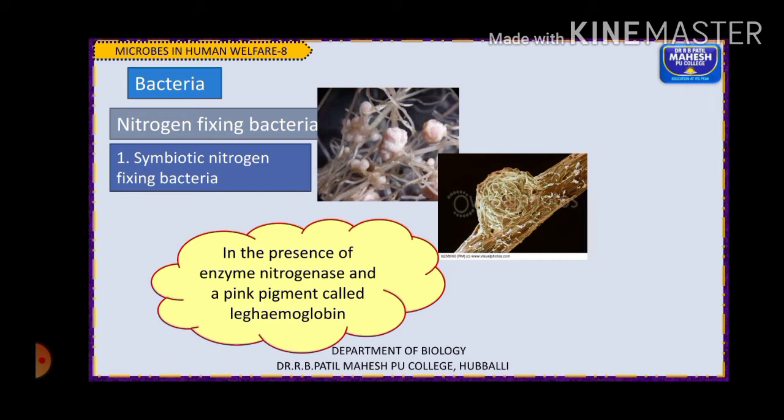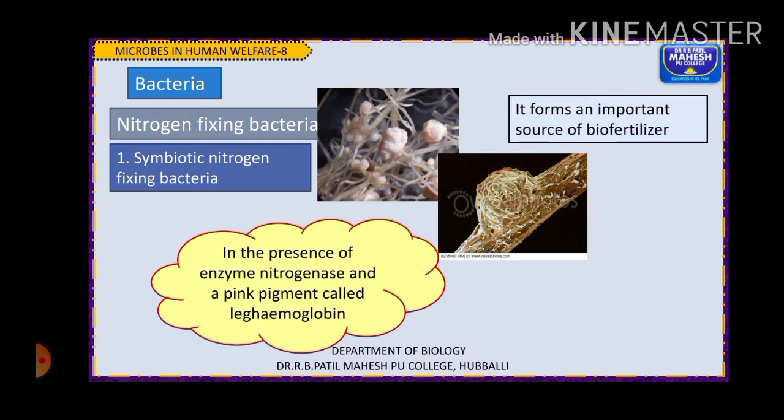The pink pigment, leghemoglobin, acts as an oxygen scavenger and keeps the anaerobic condition inside the nodules, which activates the enzyme nitrogenase. This helps in reducing nitrogen to ammonia. That is why we can call it an important source of biofertilizer. So this is about the symbiotic nitrogen fixing bacteria.